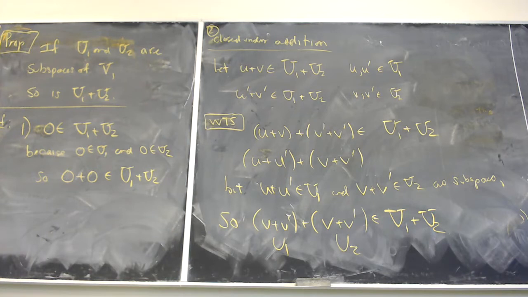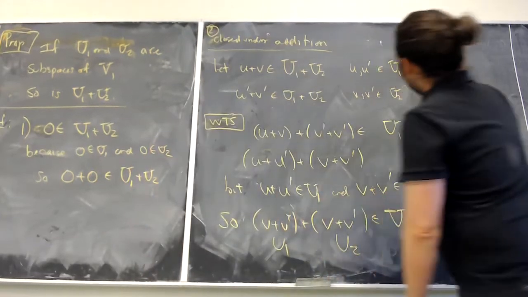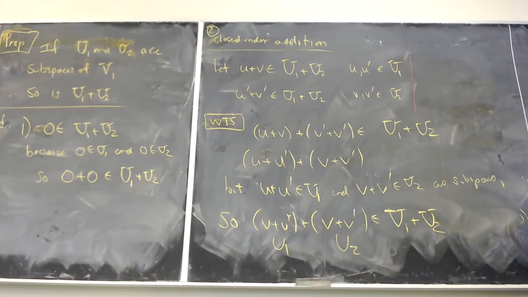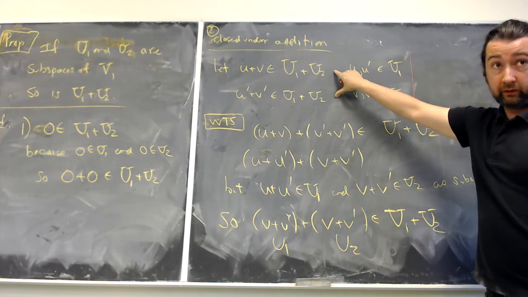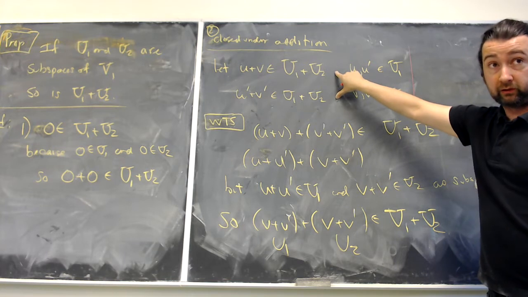Make sense? Yep. Can you re-explain the first two sentences, like why u and u prime are in U1? So when you're trying to show closure for a generic subspace argument like this, if I'm trying to show that this thing is closed under addition, right?